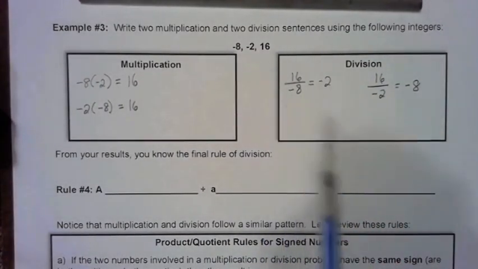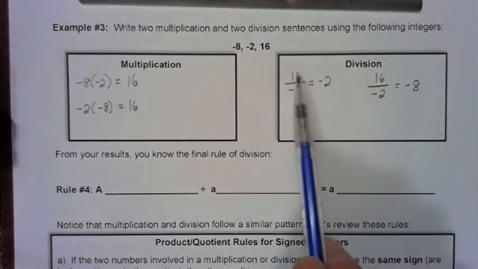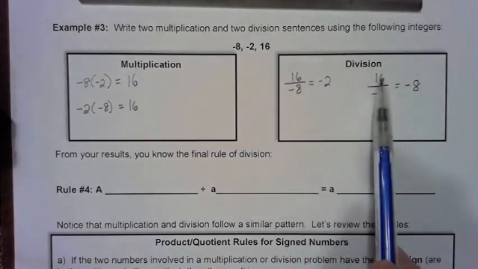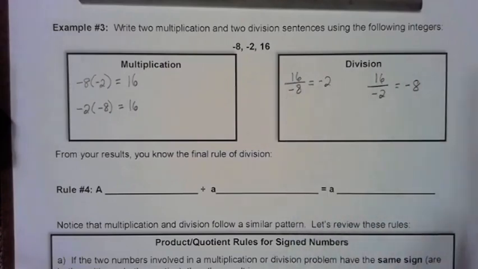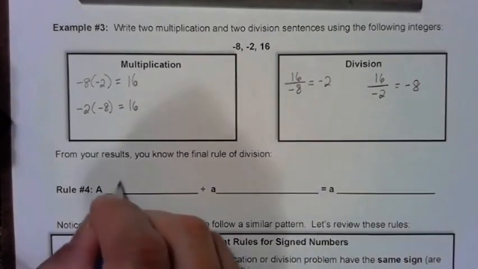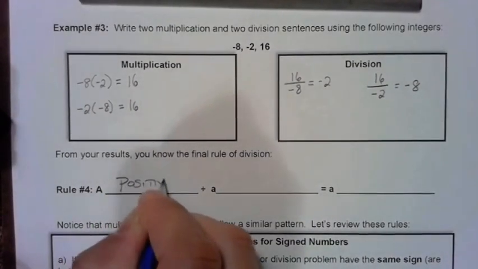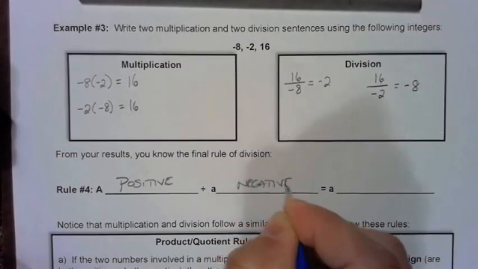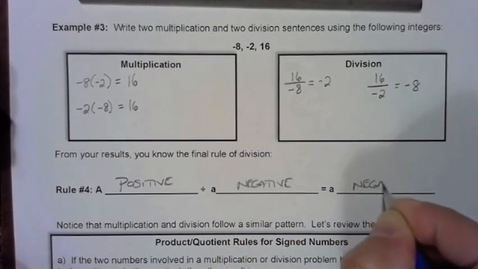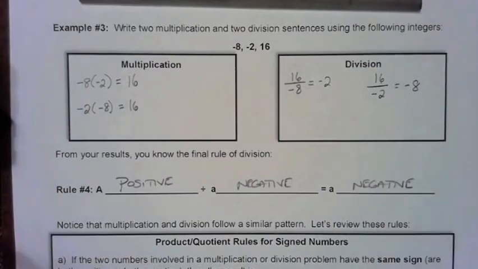Both of these division problems show the exact same fourth rule for division. If you start with a positive number and divide by a negative number, then your quotient needs to be negative as well. Rule number 4: a positive divided by a negative is going to be equal to a negative number.